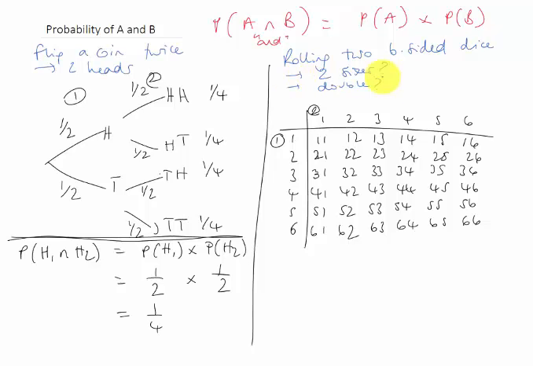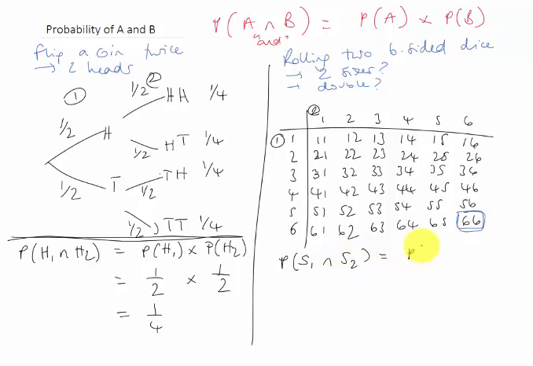So the first question, what's the chance of getting 2 6s? So that's just this one over here. And if we write that out using this notation, so that's the probability of getting a 6 on the first and a 6 on the second.